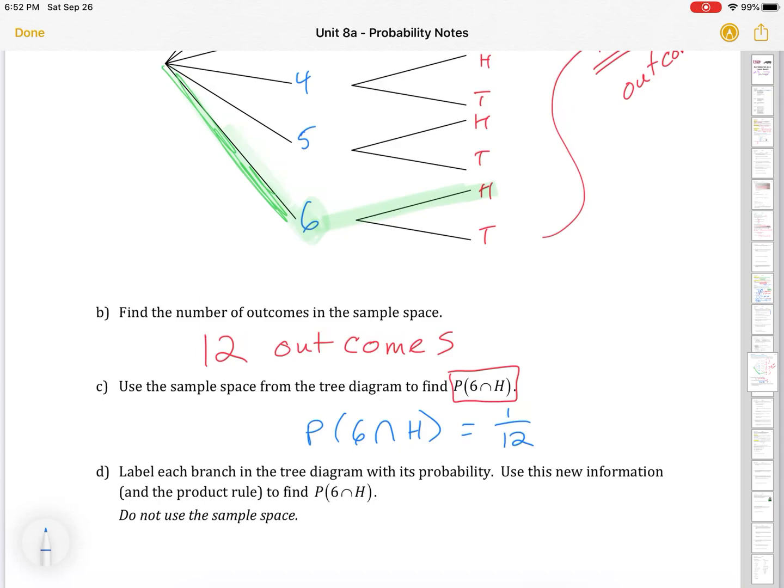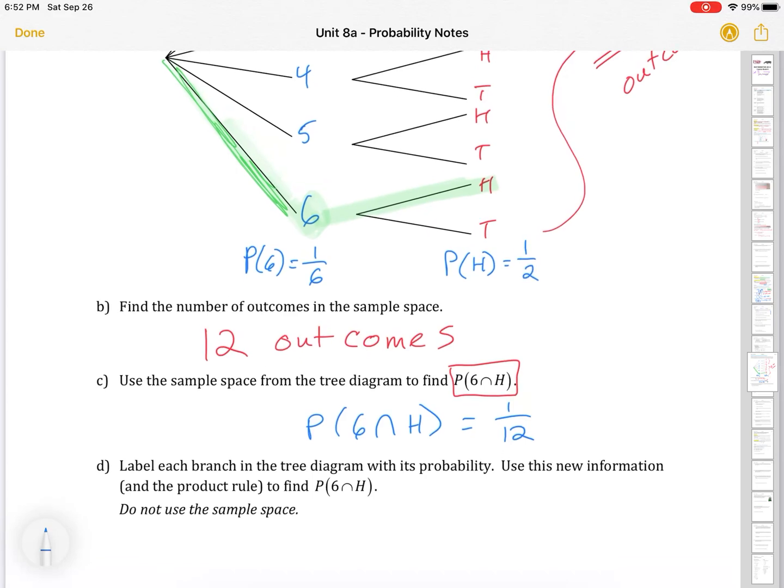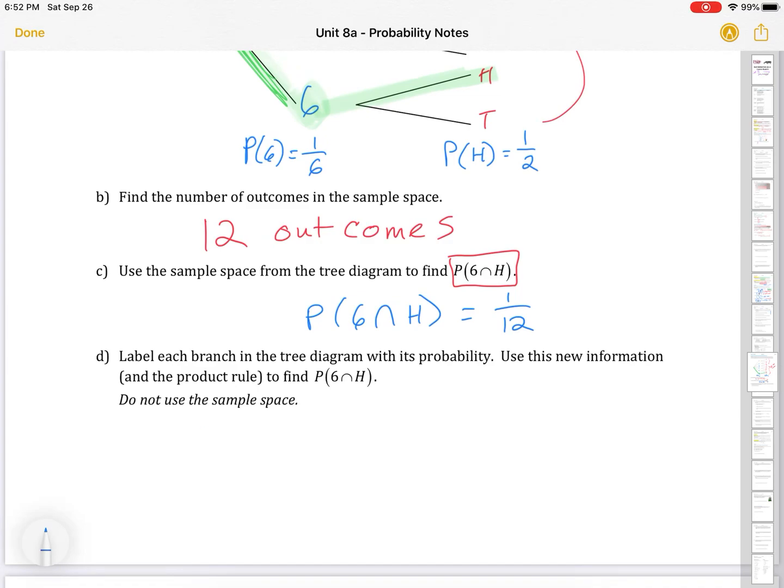Label each branch in the tree diagram with its probability. Use this new information and the product rule to find P(6 and heads). Well, looking at this, the probability of rolling a 6 is 1 out of 6, right?